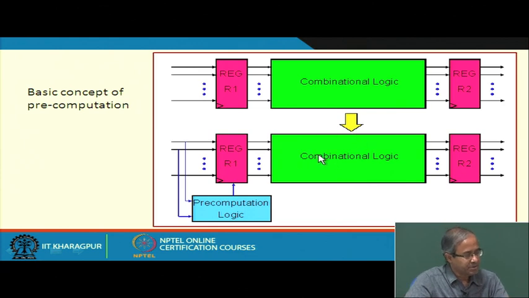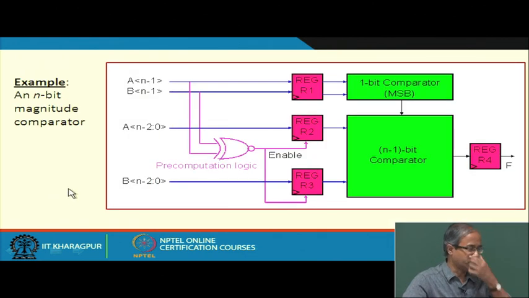Okay. So, the example of the comparator goes like this. I have two numbers a and b, n bits, from 0 to n minus 1. These numbers are all being fed into registers. I am assuming this a n minus 1 and b n minus 1 are being fed to a separate register.